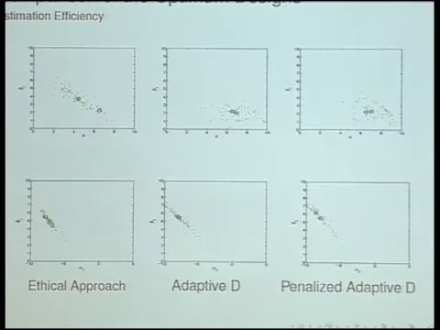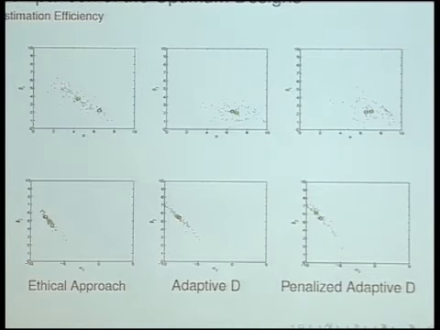So we've got some comparison of these criteria, and I have to hurry now. On the left will always be the ethical approach, the middle will be adaptive D, right will be penalized adaptive D, in all pictures I will show you. So you see here, this is the estimation of the parameters. This is not good.